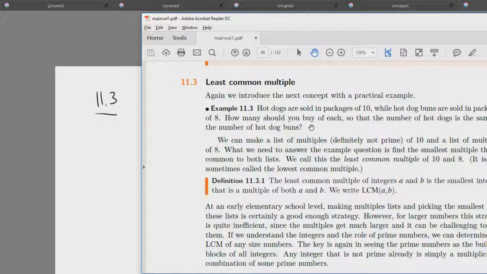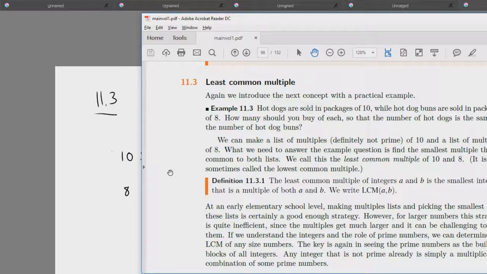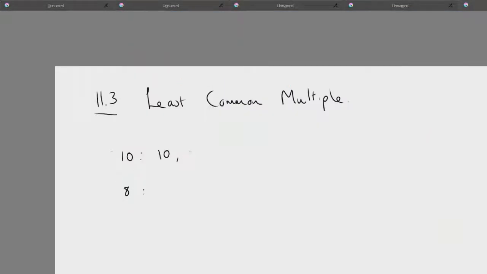So, excuse me, hot dogs sold in packages of 10. Hot dog buns in packages of 8. So how many hot dogs will I have, assuming I don't eat any? Hot dogs are 10.